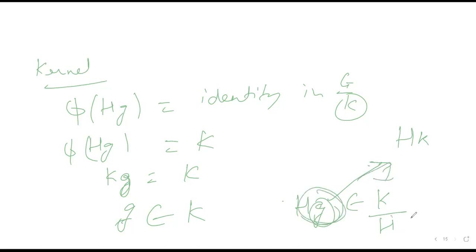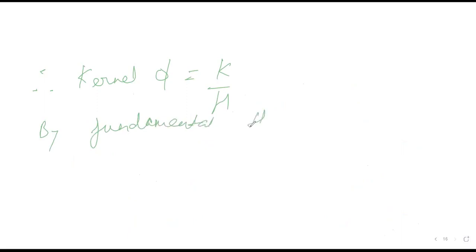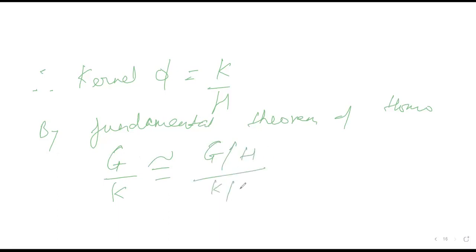So this Hg will belong to K by H. Therefore, kernel phi will be equal to K by H. By the fundamental theorem of homomorphism, G by K is isomorphic to G by H upon K by H, because the kernel is K by H.